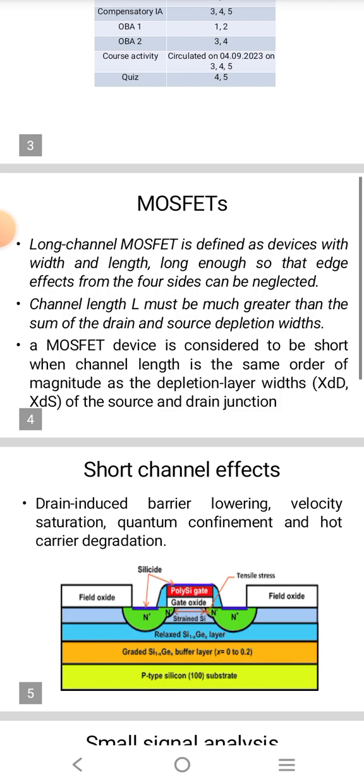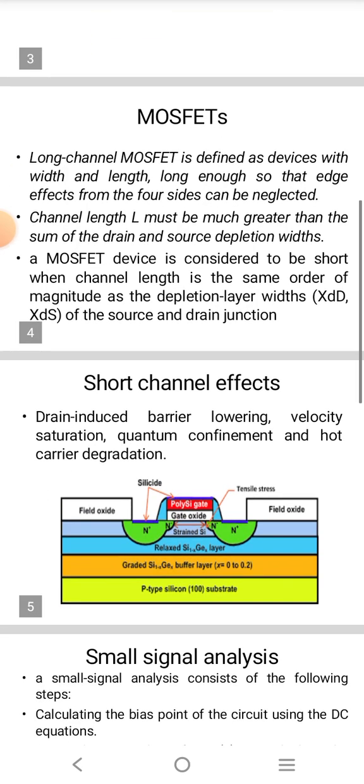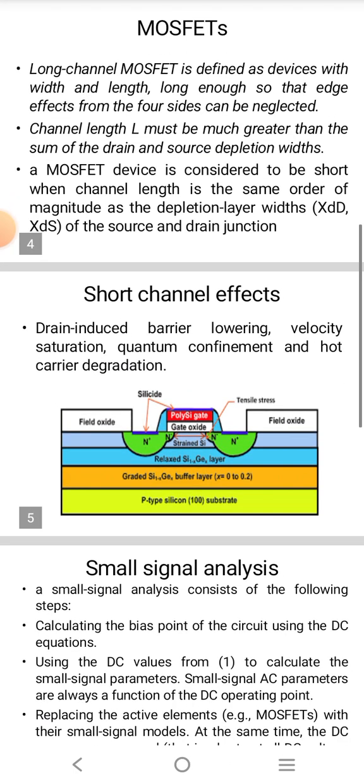Short channel MOSFETs have a channel length of less than 1 micrometer, so it comes in terms of nanometers. The effects in short channel MOSFETs are slightly different. Here, drain induced barrier lowering, velocity saturation, quantum confinement, and hot carrier degradation are the concepts that arise in short channel MOSFETs.